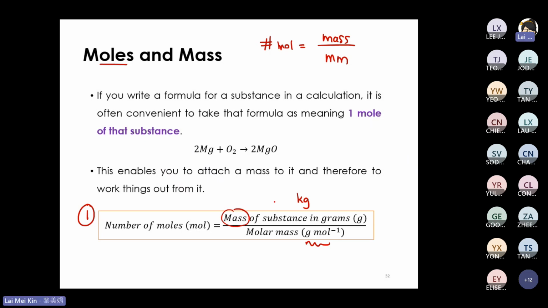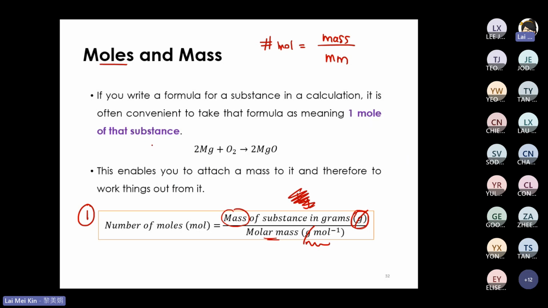So why must the mass be in gram? Because the molar mass is gram per mole, so you want to cancel off the gram to get only mole. Therefore, the mass must be in gram, cannot be in kilogram. Put a note there so that you will always remember. If you get some units other than gram, you have to convert to gram.